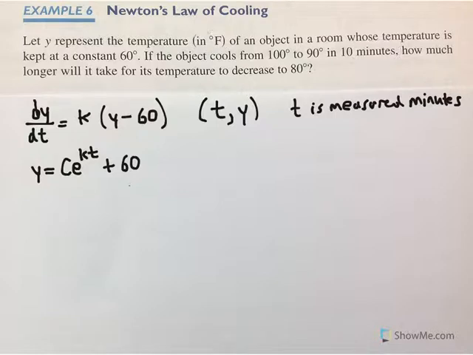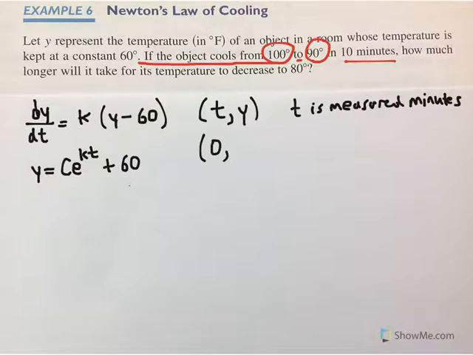So let's read the information that we have here. It says, if the object cools from 100 degrees Fahrenheit to 90 degrees Fahrenheit in 10 minutes. So initially, the temperature of the object is 100 degrees Fahrenheit. So initially, time is 0.